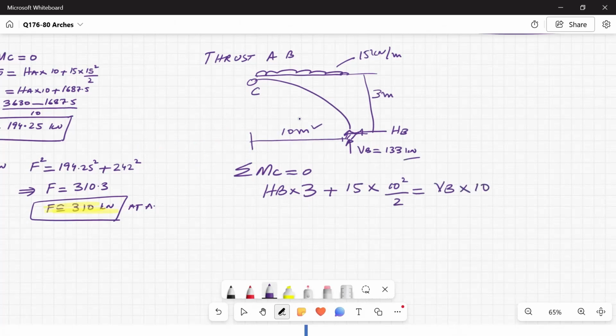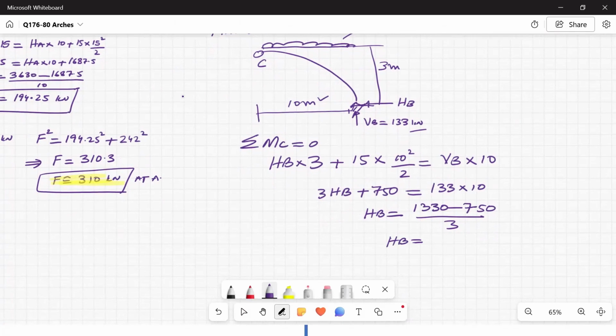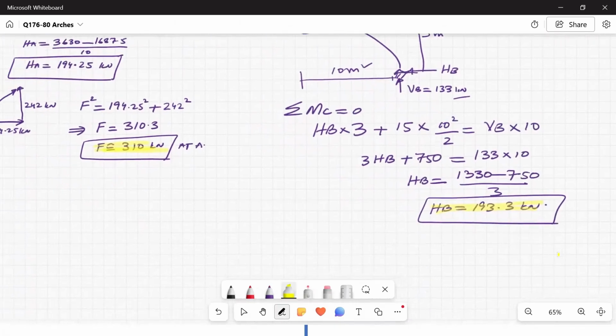So this gives me 3HB plus 750 is equal to 133 times 10. So HB from here will be equal to 1330 minus 750, divided by 3. So from here HB is equal to 193.3 kilonewton.